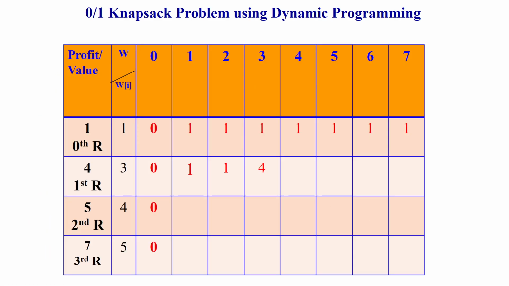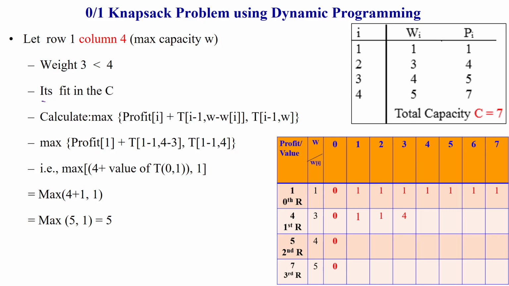Based upon that, now we move to the next column by incrementing J. Here the maximum capacity is 4 and the item's weight is 3, so 3 is less than or equal to 4, yes, it can be selected. When you select it, you have to apply that formula, right?